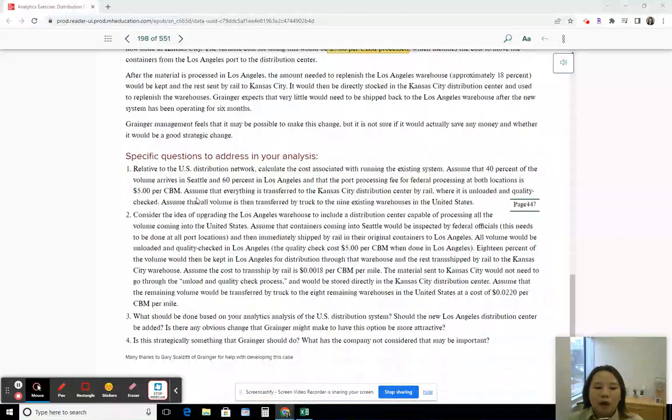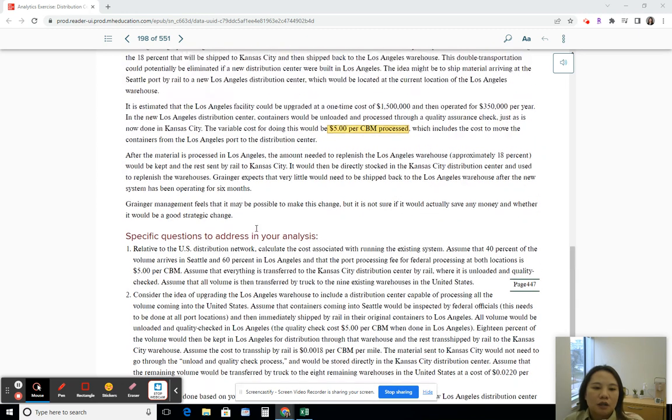So question one asks you to calculate the total cost for the current system with only one DC, while question two asks you to calculate the total cost if Granger's has another DC in Los Angeles. So these are the first two questions you need to answer.